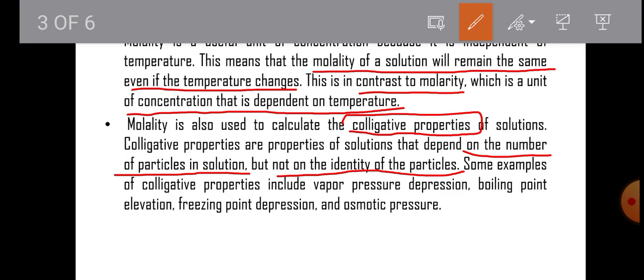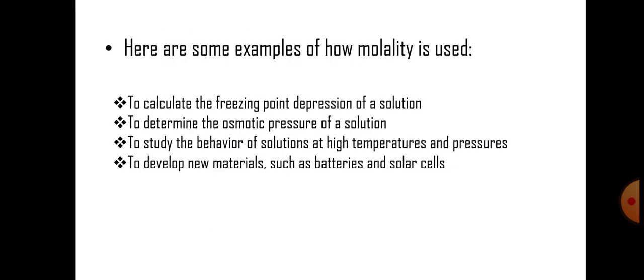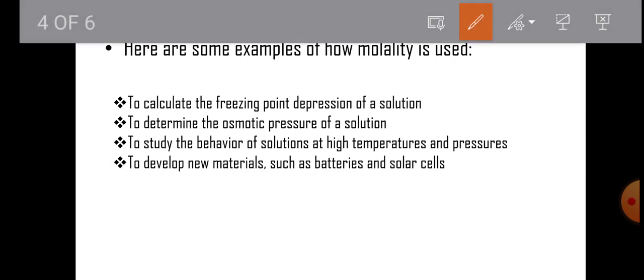Here are some examples of colligative properties: vapor pressure depression, boiling point elevation, freezing point depression, and osmotic pressure. These are all the notable examples of colligative properties of solutions, right? Note down.